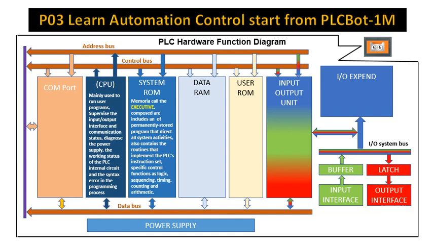The system ROM is called the executive. It is composed of permanently stored programs that direct all system activities, and also contains the routines that implement the PLC's instruction set and specific control functions such as logic, sequencing, timing, counting and arithmetic.